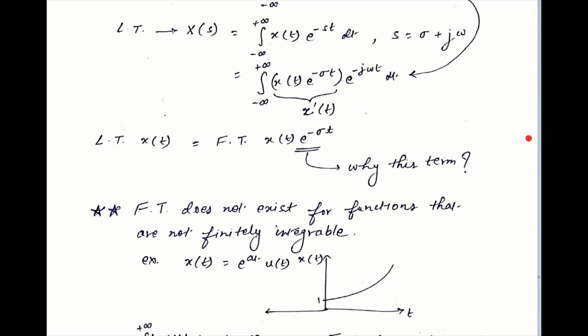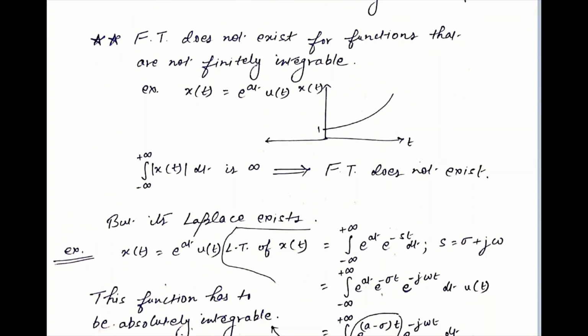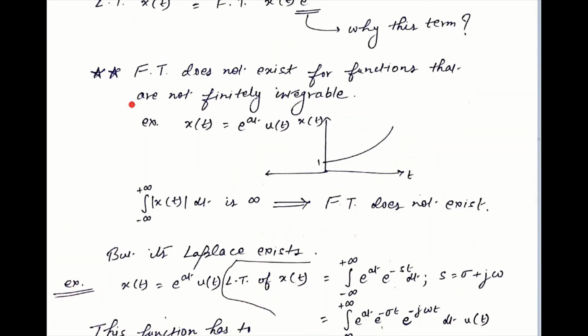This is very important. Now, as I have told you already, the Fourier transform does not exist for functions that are not finitely integrable. What does it mean? That from time minus infinity to plus infinity, the magnitude of the function should never be infinity.